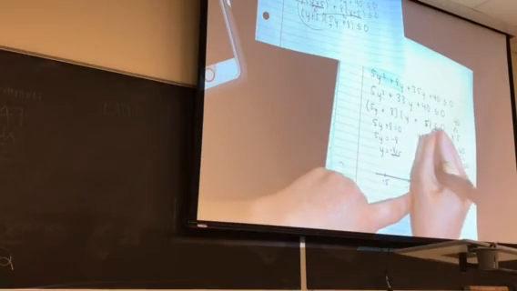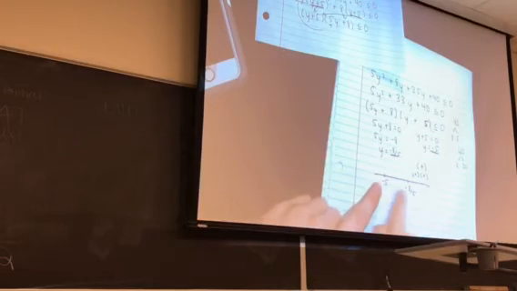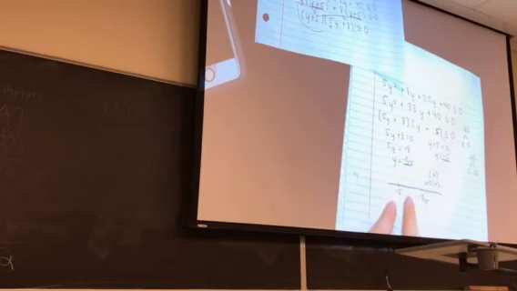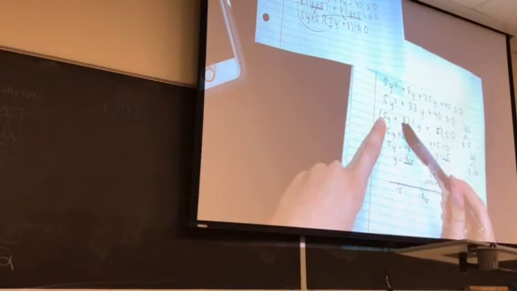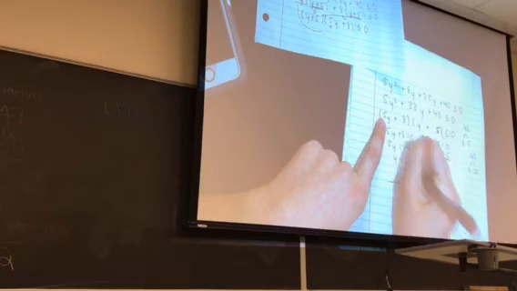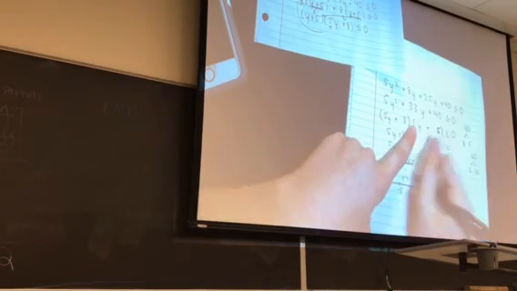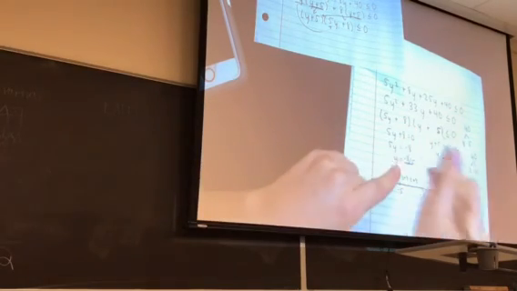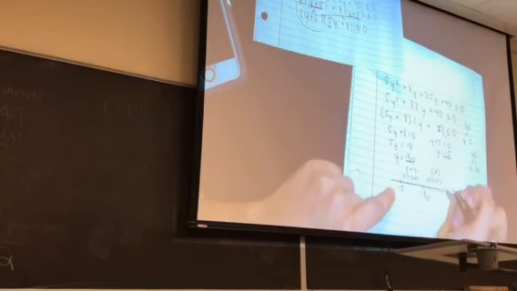So over here it's going to be positive. Looking in between these two, what's the number between -5 and -8 fifths? -2. If we plug in -2, we get -10 plus 8, which is negative, and then -2 plus 5, which is positive. Negative times positive is always going to be negative.